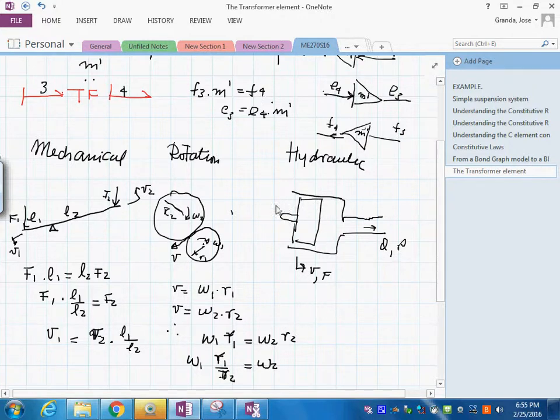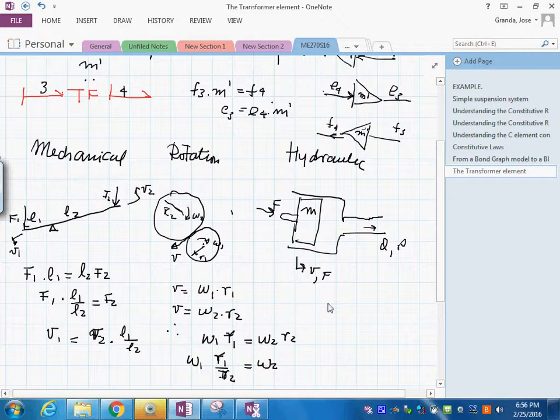So pressure is equal to force divided by the area.